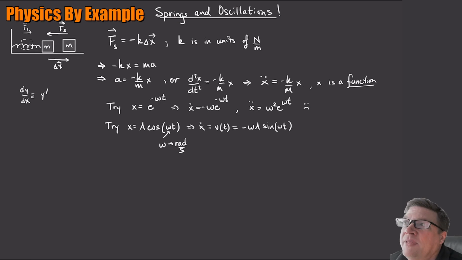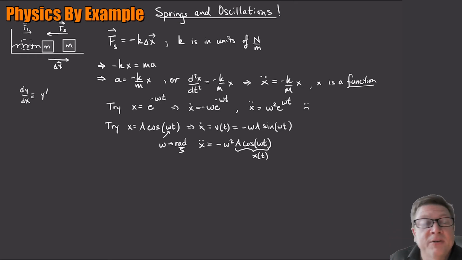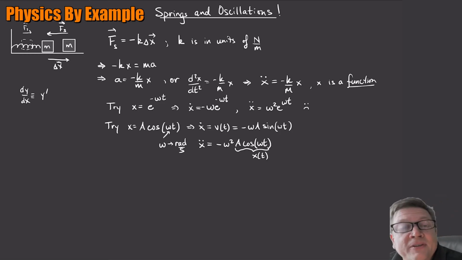Neat. So that's the velocity at some time. And then if I do it again, I bring out another omega and flip the sine to cosine, and so I get minus omega squared A cosine omega t. But that was just our original x. So we've done it. We found something that works.